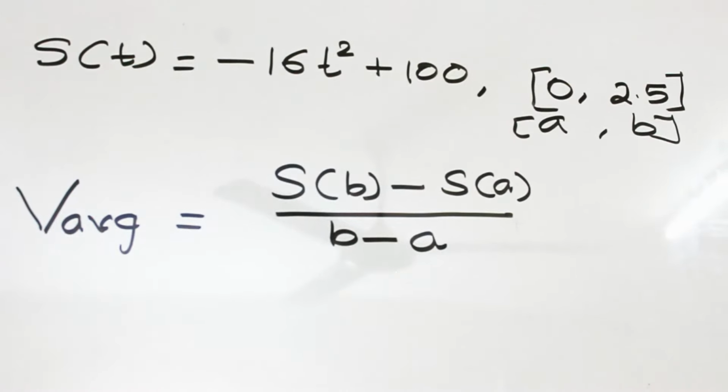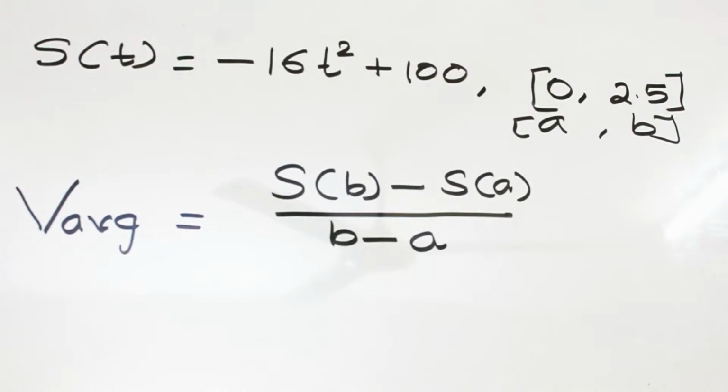The second question is to find the average velocity, v average, which means we have to find the average velocity from this equation. The time of flight we already found in question number 1. The total time taken for the travel is 2.5, which means the start time is 0 and 2.5 is the end time.